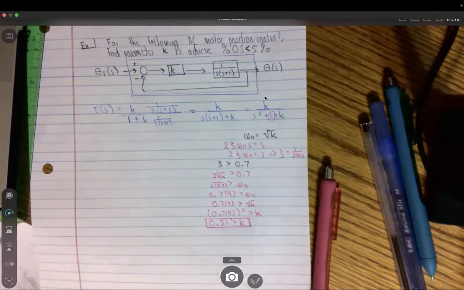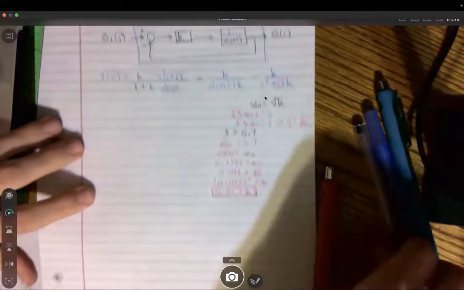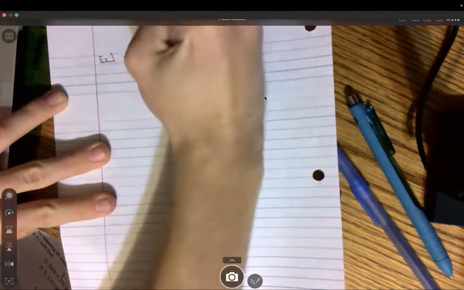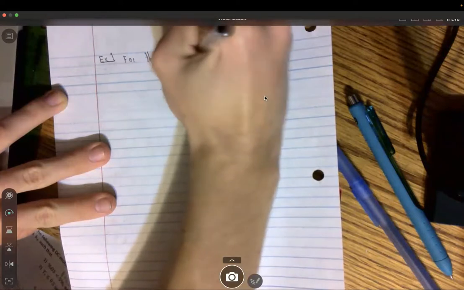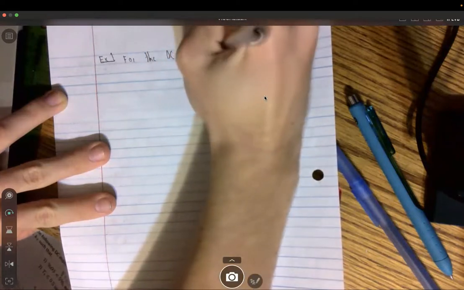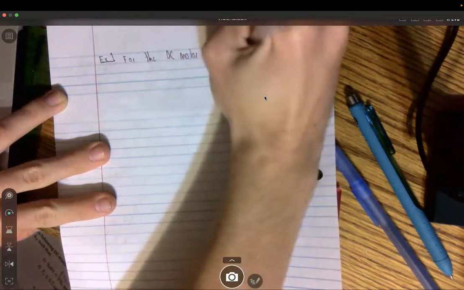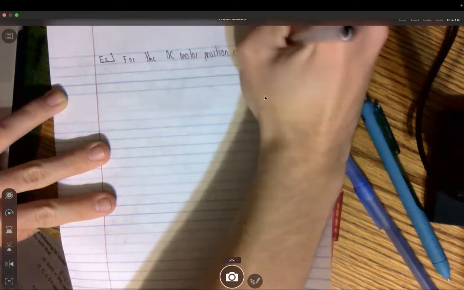And so now that we talked about that one, let's look at another example which has the design to it. So for this example, it's for the DC motor position control with tachometer.